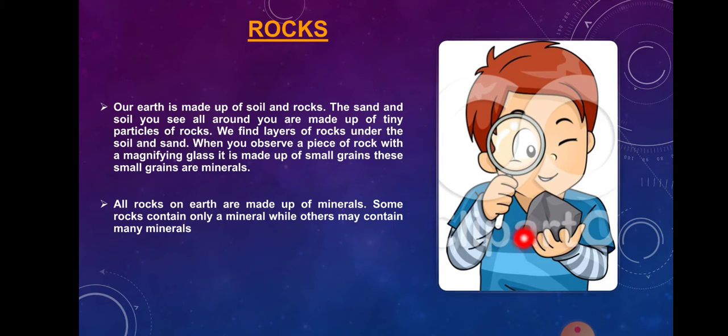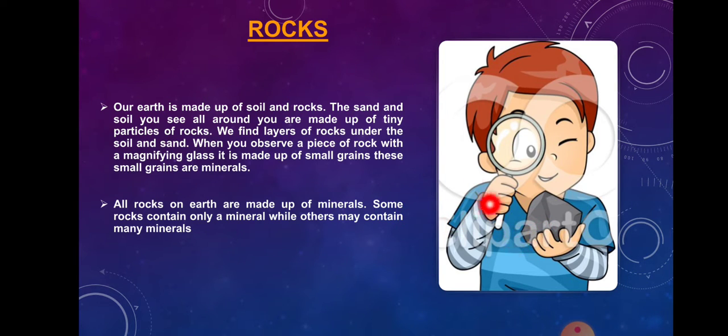Or else by biological ways, due to continuous heating and rains, and continuous heating and cooling also causes the breaking up of rocks, that's known as weathering. So due to weathering, soil, sand and gravel are formed.